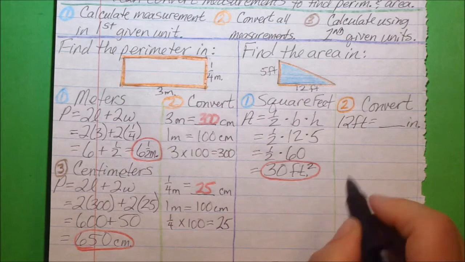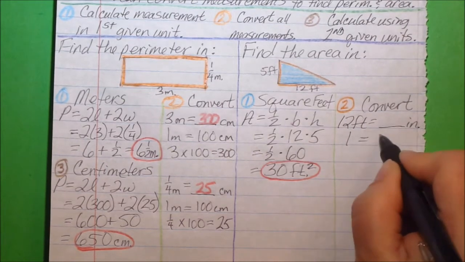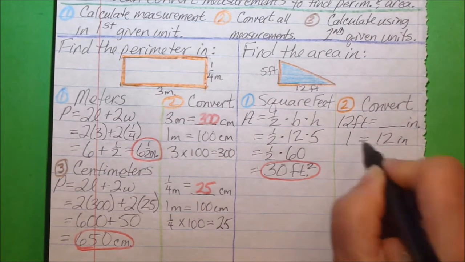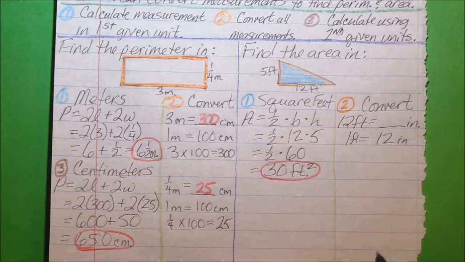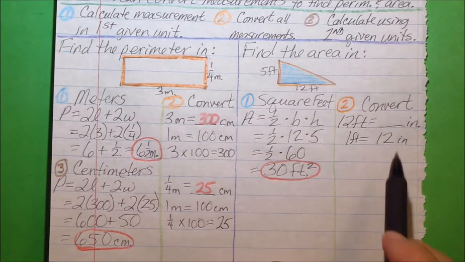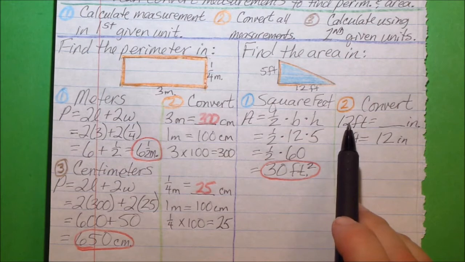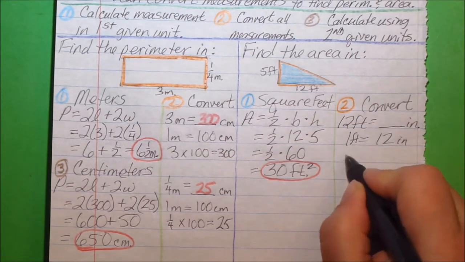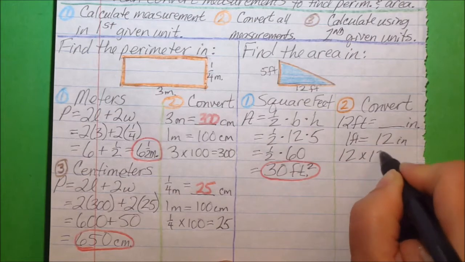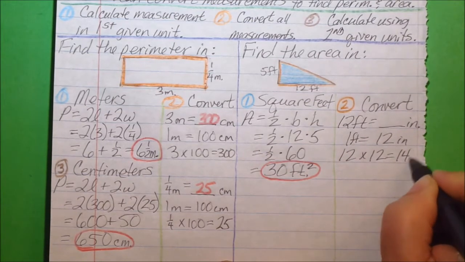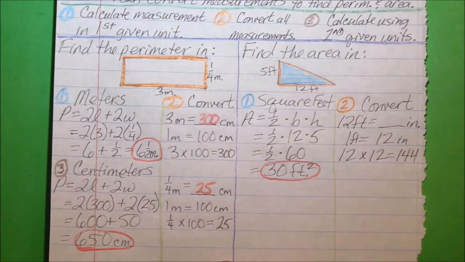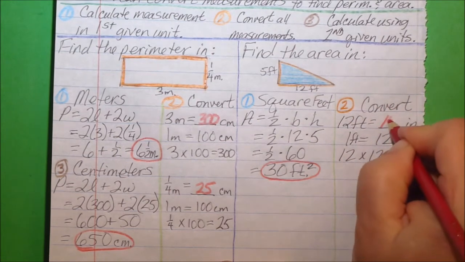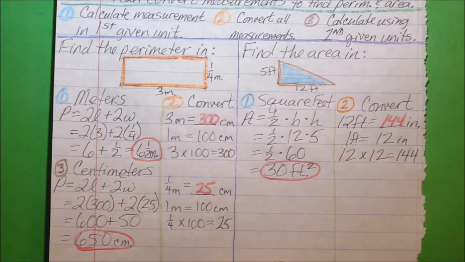All right? Well, I know 1 foot equals 12 inches. Oops, I should have put a foot there. There we go. 1 foot equals 12 inches. And I'm going from large to small, so I know I'm going to multiply. So 12 times 12 equals 144. So 12 feet equals 144 inches.